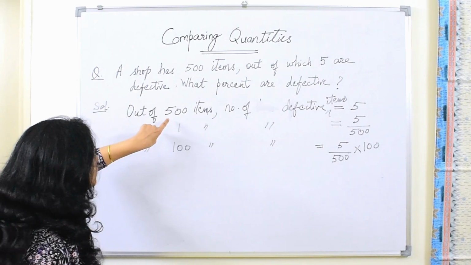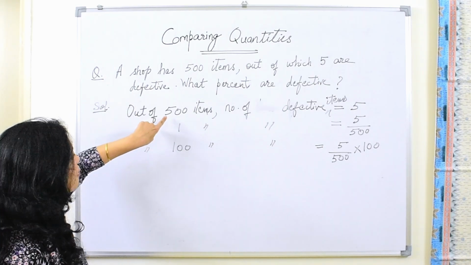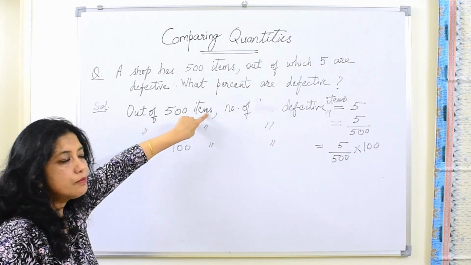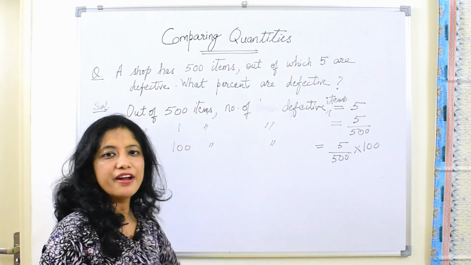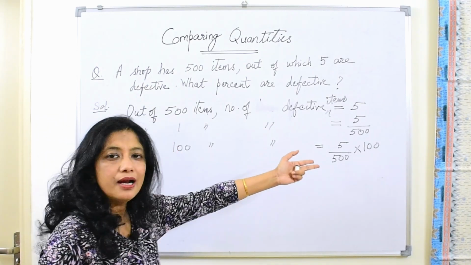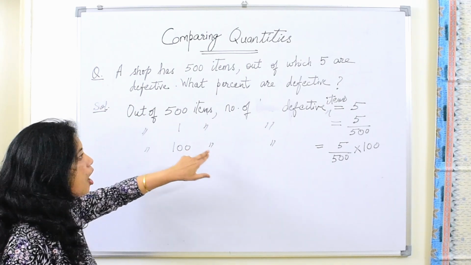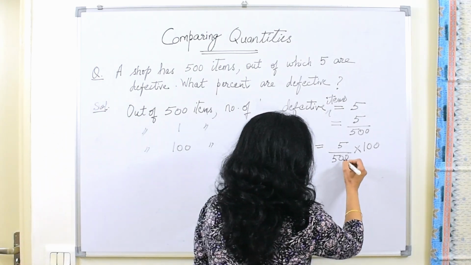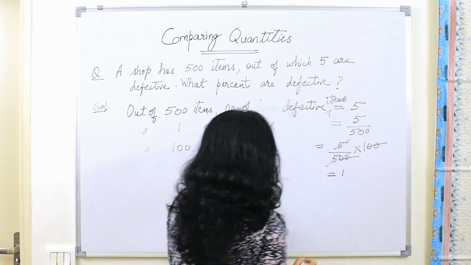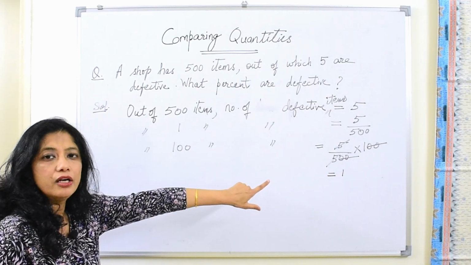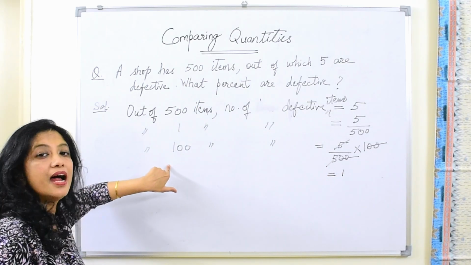So we are given the number is 500 items. If we find it in the 100 items, the number of defective pieces, we will get our answer. So out of 100, how many defective pieces? Cut 5 by 5, so we get 1. So we have one defective item out of every 100 items.